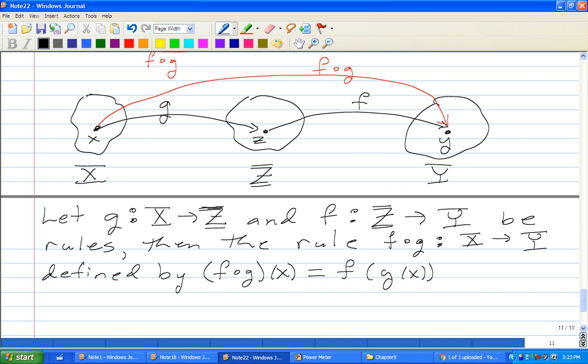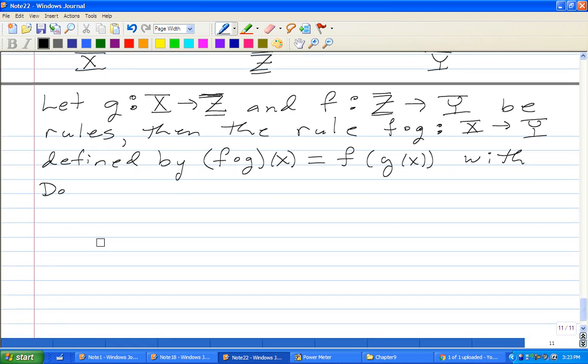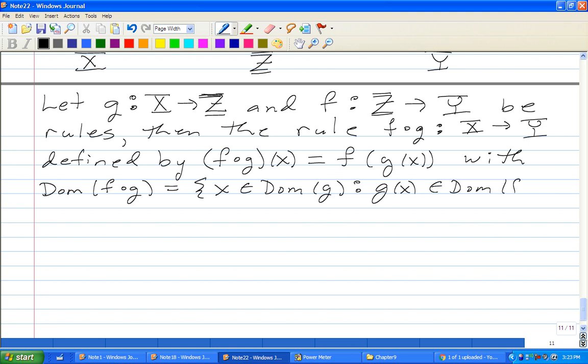Well, I've told you the rule, but in order for this to be a function, I also have to tell you the domain. So the domain of f composed with g is equal to the set of all x's which are in the domain of g such that g of x is in the domain of f.